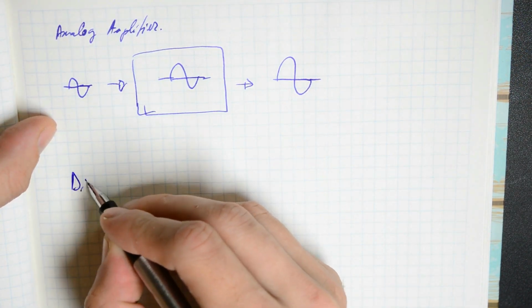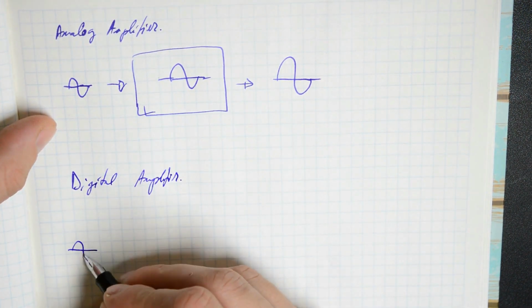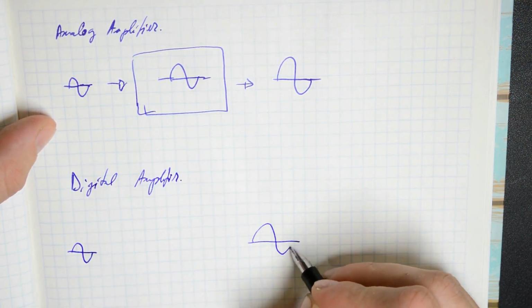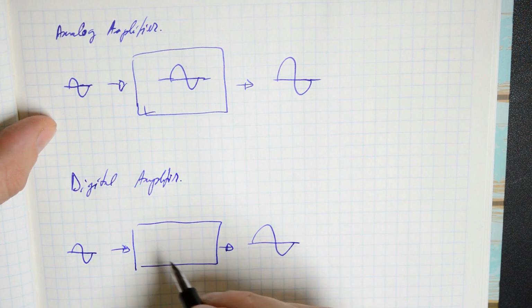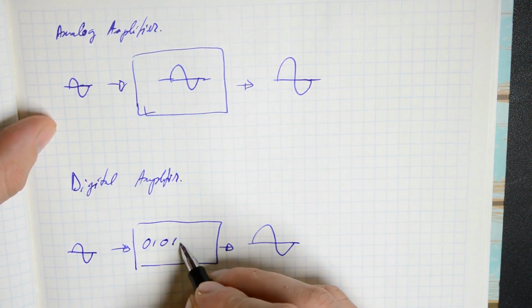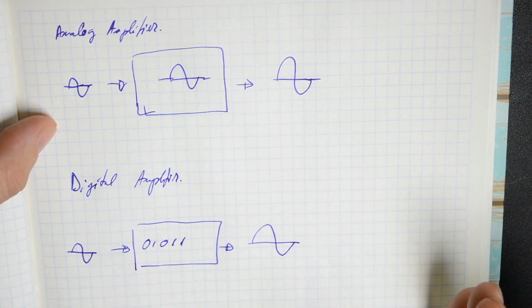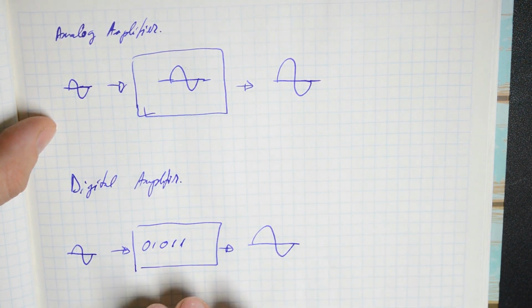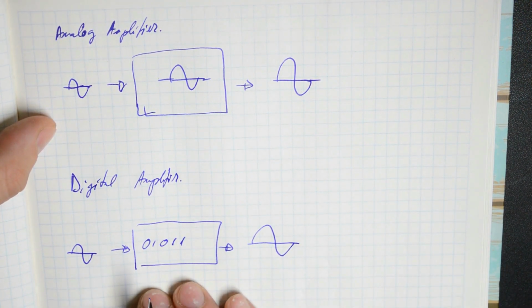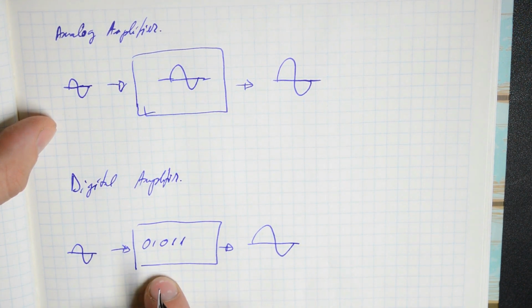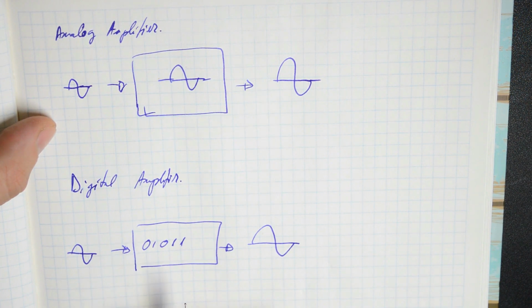Now in the case of the digital amplifier, you still have the same analog input and analog output, but you get a digital signal in the middle. So you got well-defined discrete values, zeros and ones. Now the advantage in this case is that it's very easy to amplify this sort of values. You don't have to worry about linearity, distortions, things like this.